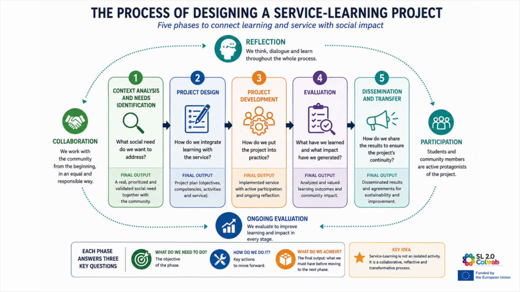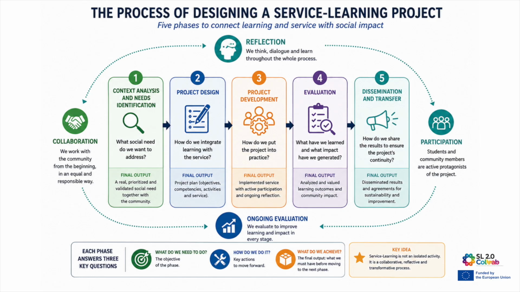Through the whole process, collaboration, participation, reflection, and ongoing evaluation are essential. Service learning goes beyond planning and activity. It means building a shared process between the university, students, and the community where learning and social contribution develop together.